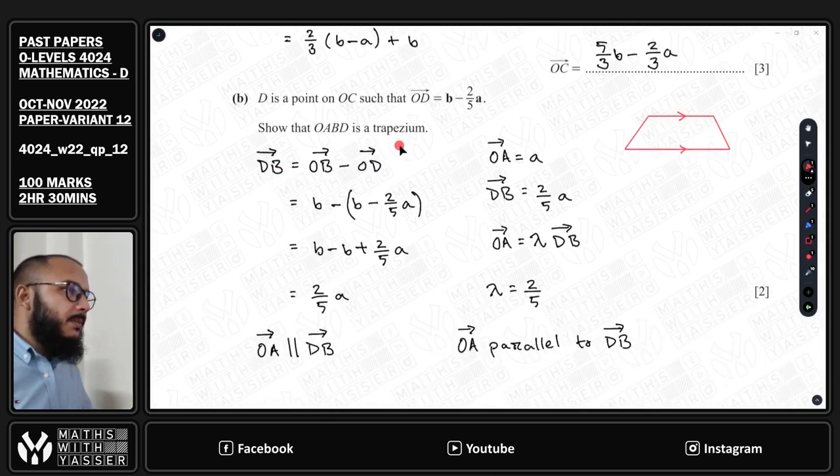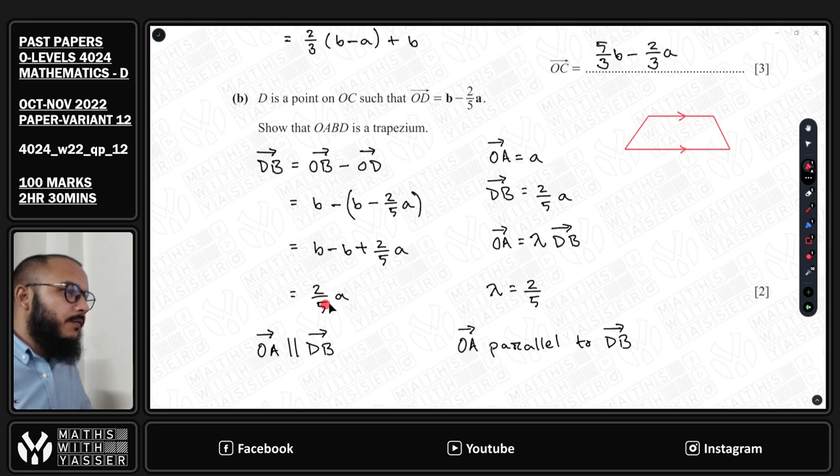So let's find DB first. DB is equal to OB minus OD. We know the value of OB, which is B, and OD is already provided, which is B minus 2 over 5A. So if we expand the brackets, it will be B minus B plus 2 by 5A. So these will cancel each other.